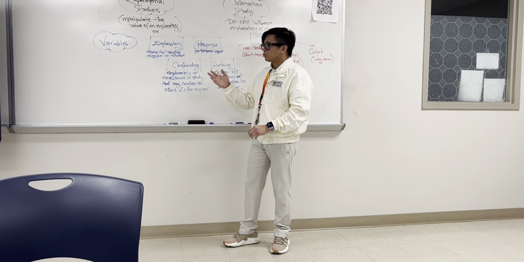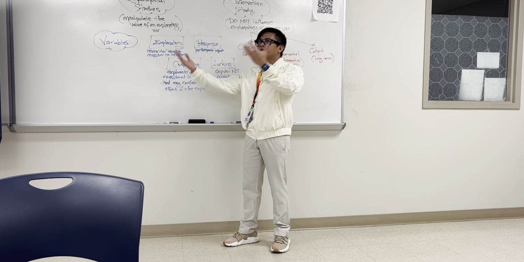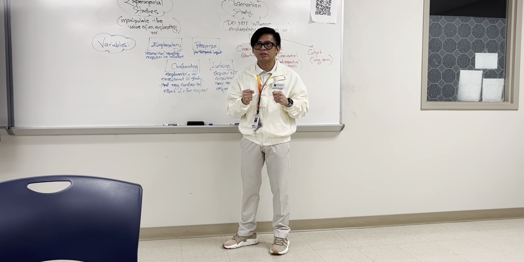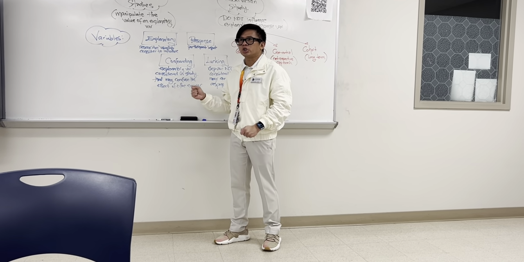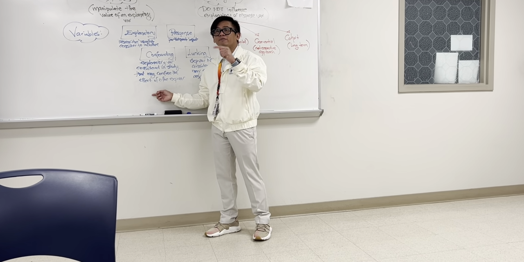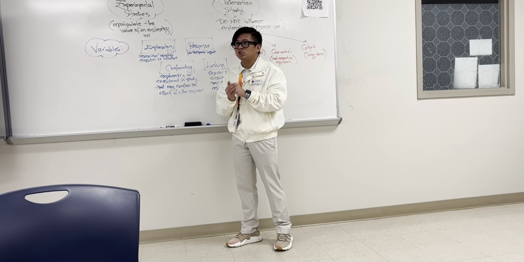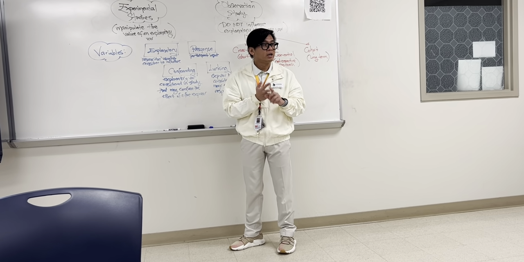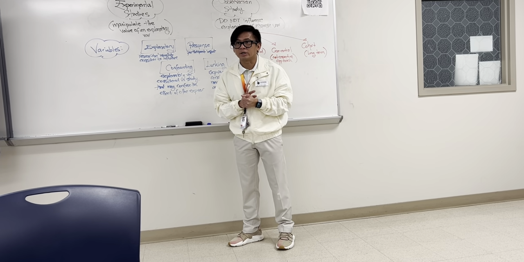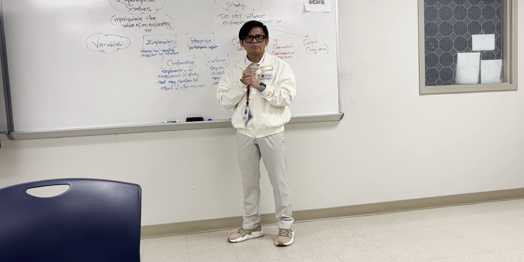Now, with that being said, after you have done this teaching strategy, you cannot determine if the teaching strategy being fun or being an online game is actually the one that influences the test scores. You get my point, guys?